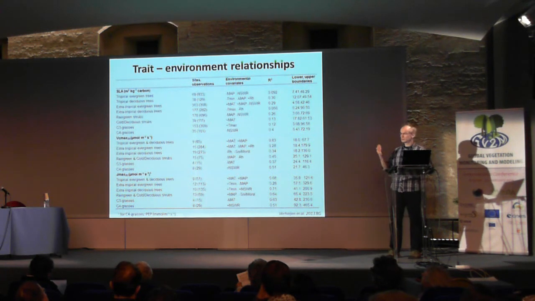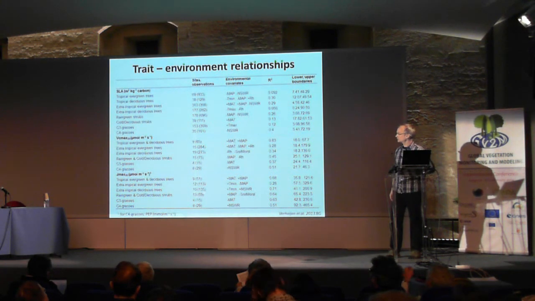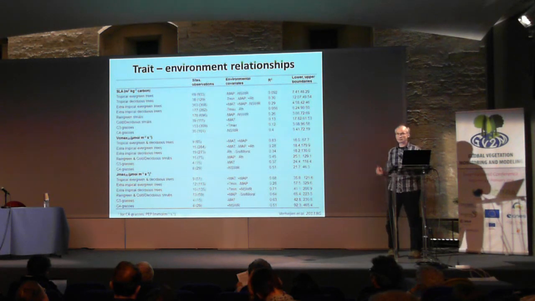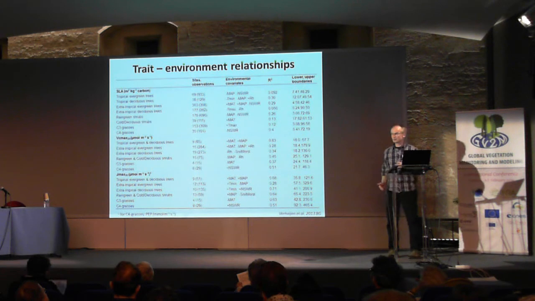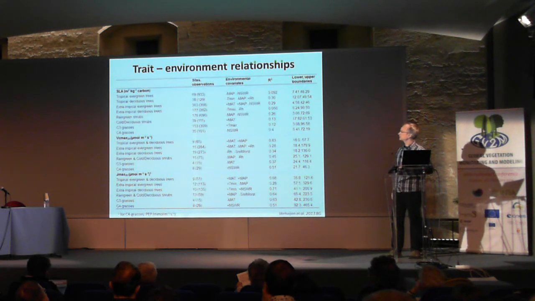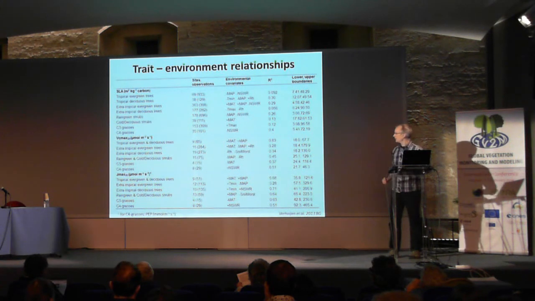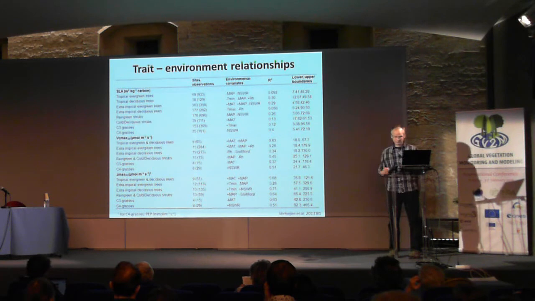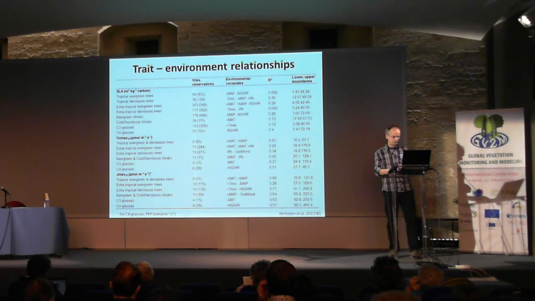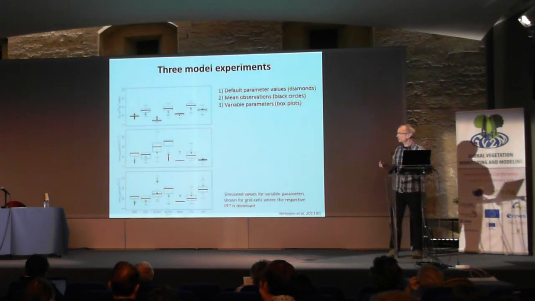But for other traits, especially photosynthetic capacity, for some plant functional types there were only few data available, even though we have this global database. For some, there were only data from 9 sites, 85 measurements. Well, this is nice, they're nice R squares, but this is probably just by chance.